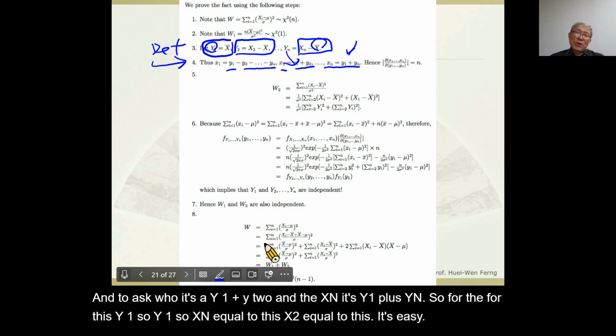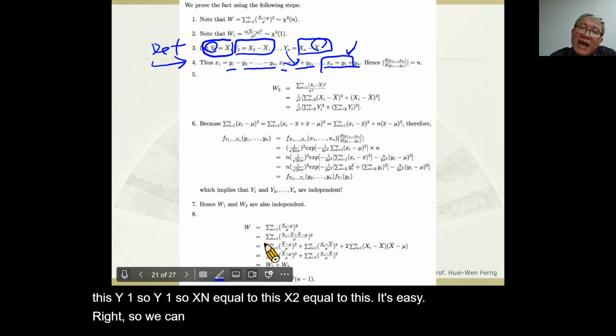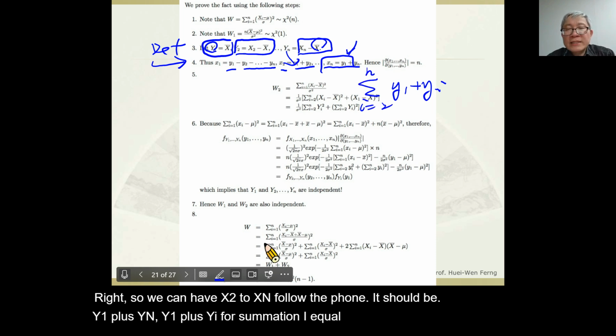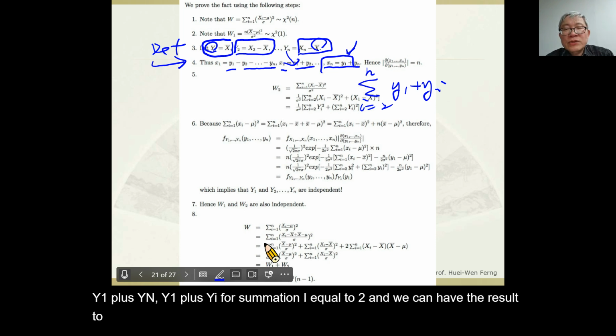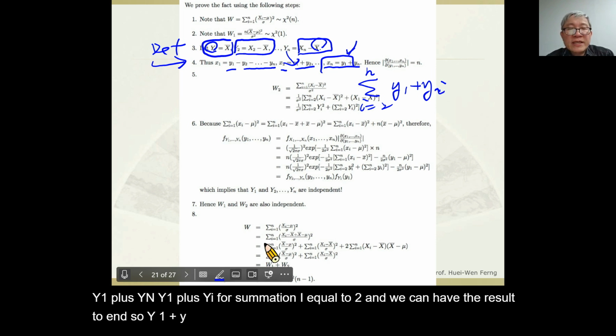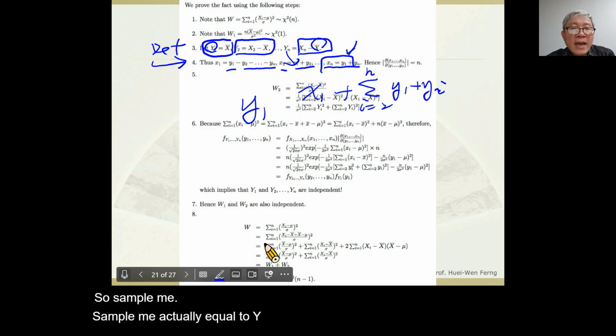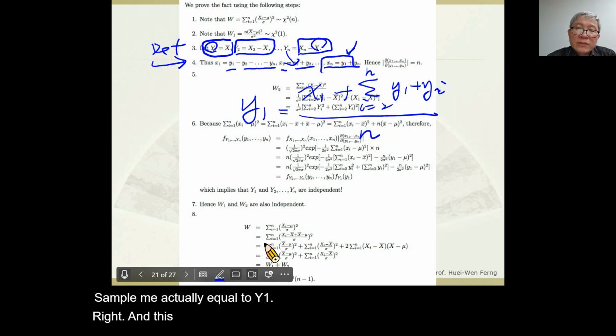Right? So we can have x2 to xn follow the form y1 plus yi, for summation i equal to 2 up to n. And the sample mean actually equals y1.